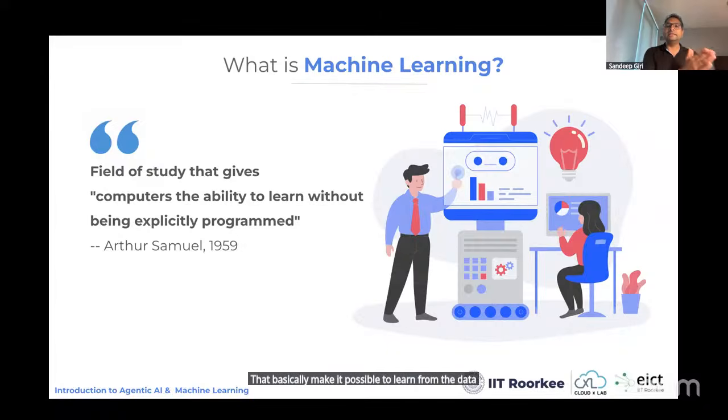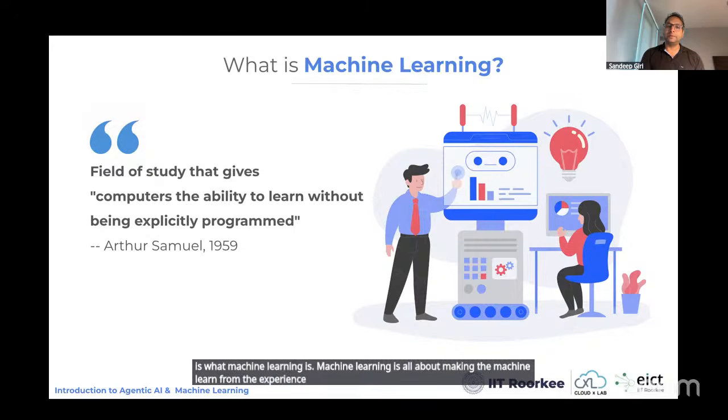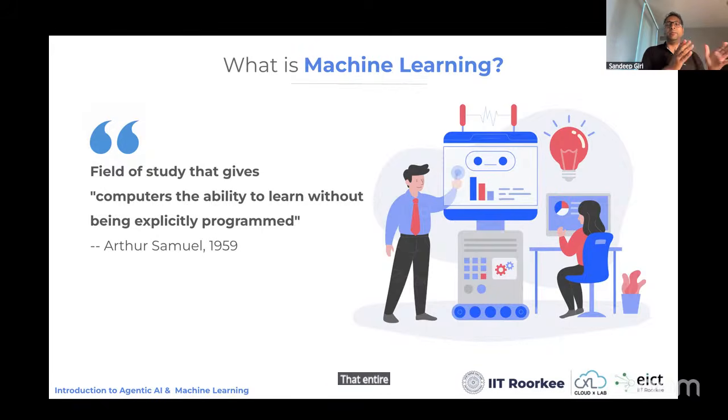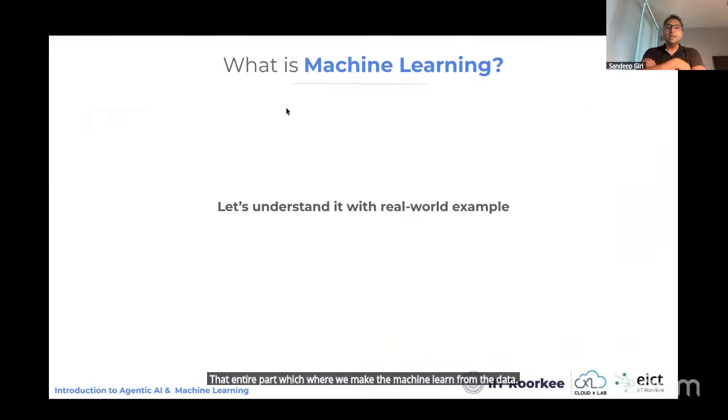So machines learning from data is what machine learning is. It is all about making the machine learn from experience or data. That entire branch of computer science, maths, information theory, and data science, where we make the machine learn from the data.